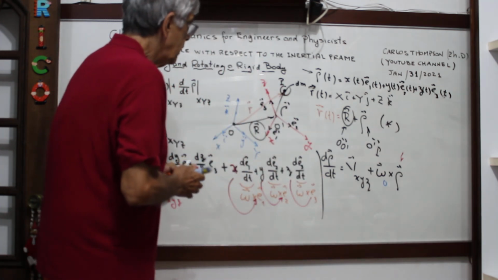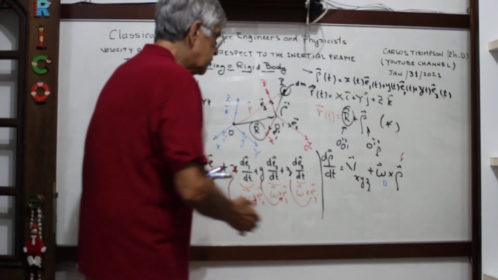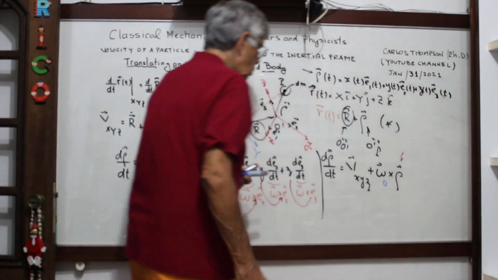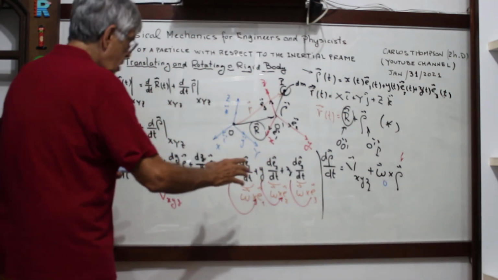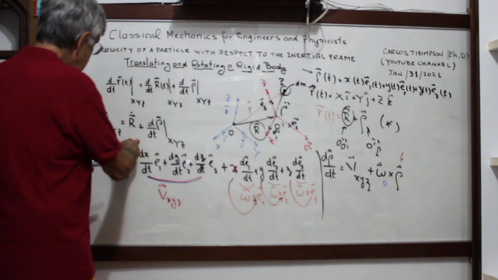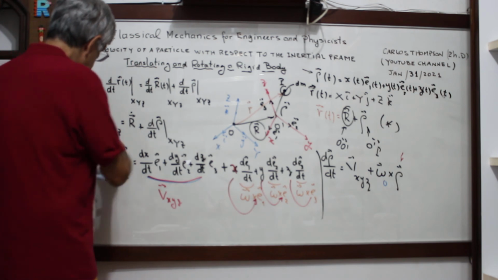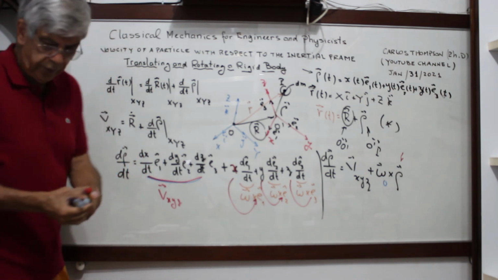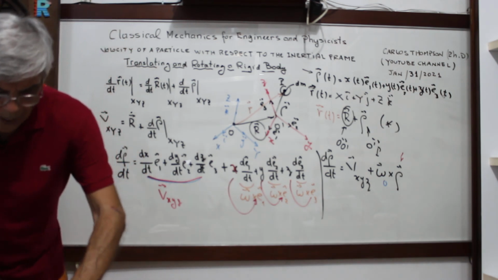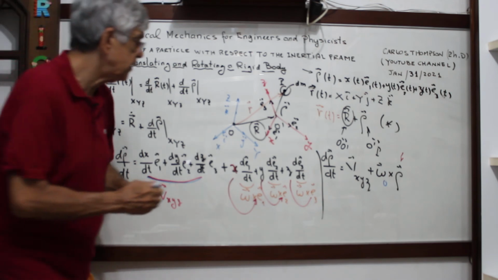And this is a vector rho. Now, from here, I get my V with respect to the inertial frame. It's quite clear and easy to see.